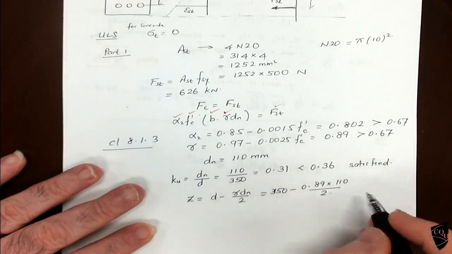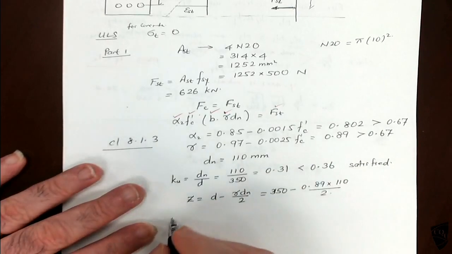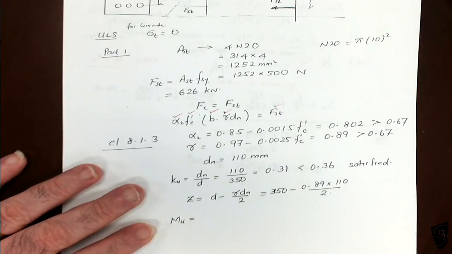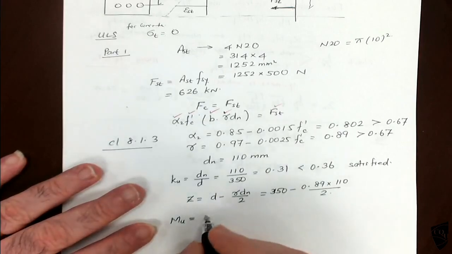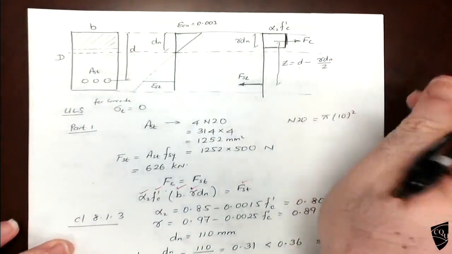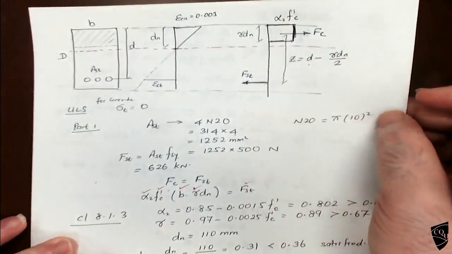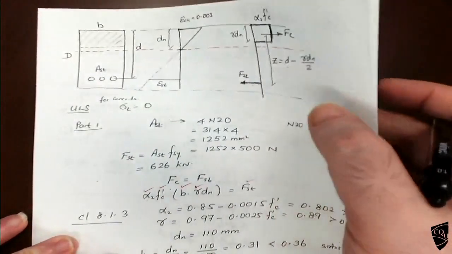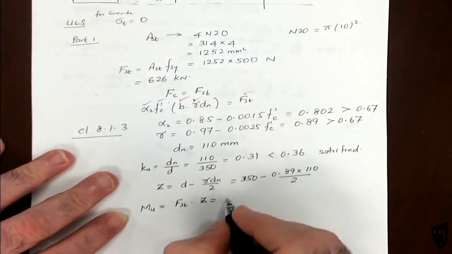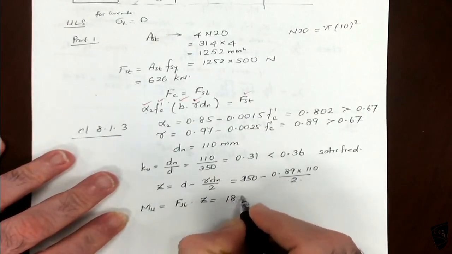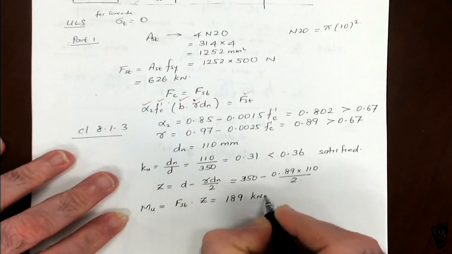So you will get the Z value. So the mu is equal to FST times Z. If you have two equal forces acting parallel, the moment is equal to force times the lever arm, Z. So if you substitute, FST is known, Z is known, so you will get 189 kilonewton meter.